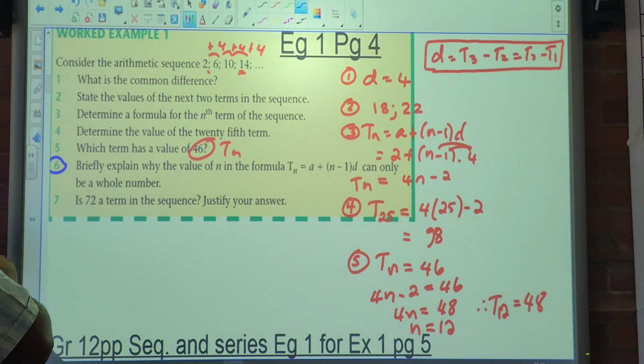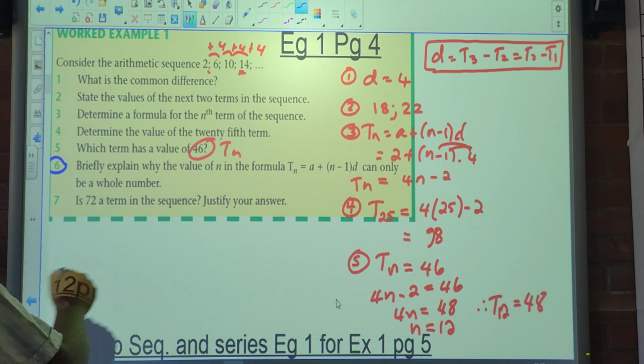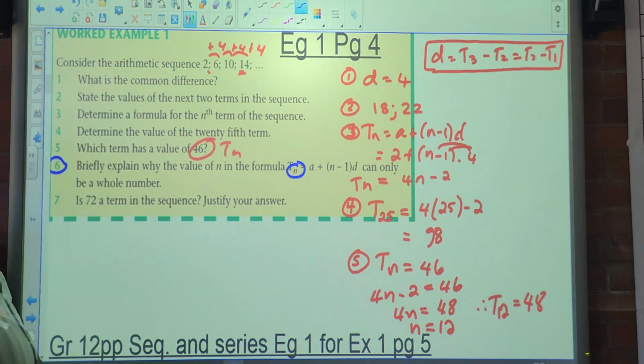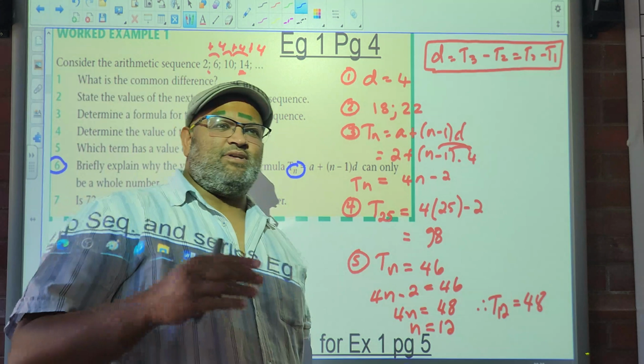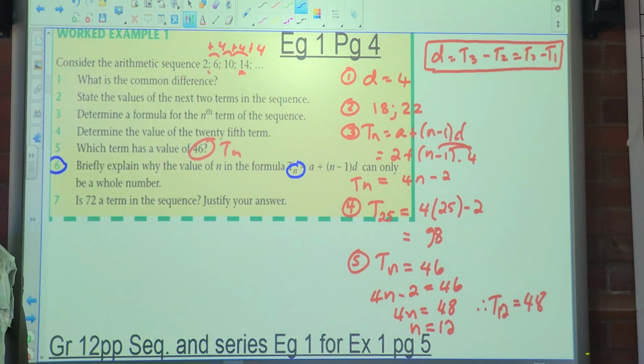Let's look at number 6. Briefly explain why the value of n in the formula Tn is equal to a plus n minus 1 d can only be a whole number. So why can that only be a whole number? Because n denotes the position number, term number. You understand that? So can we have a position or somebody coming in at 6.5 or 6 1/4?